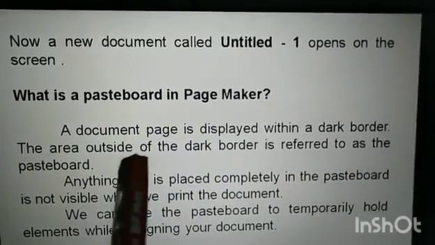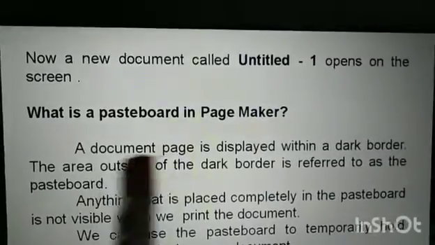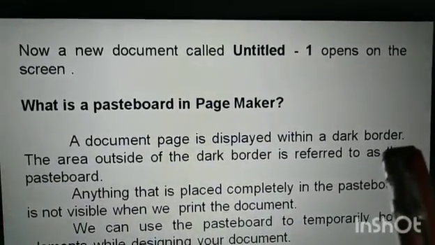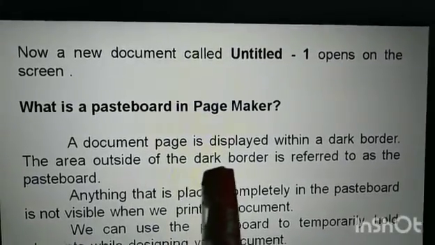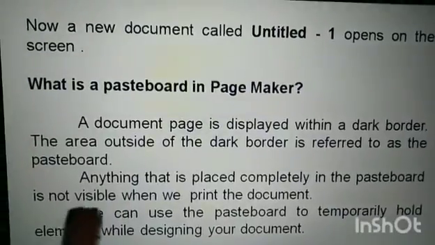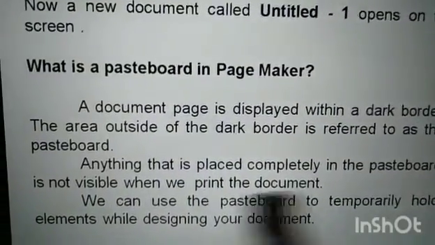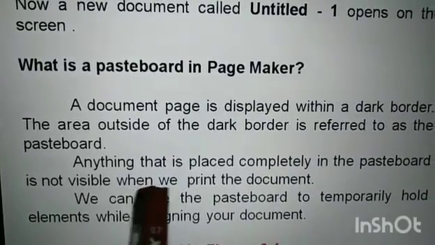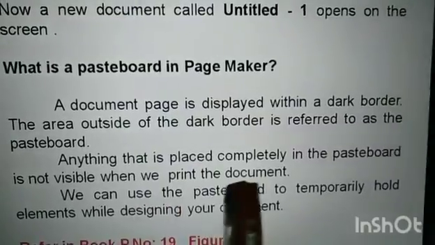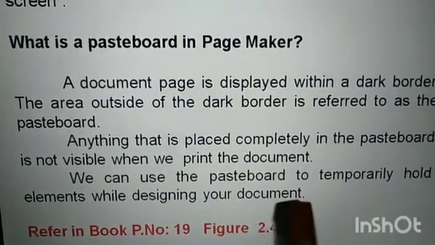A document page is displayed within a dark border. The area outside of the dark border is referred to as the pasteboard. Anything that is placed completely in the pasteboard is not visible when we print the document. We can use the pasteboard to temporarily hold elements while designing a document.